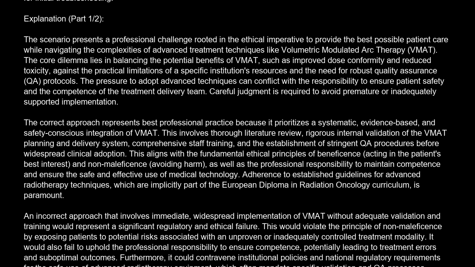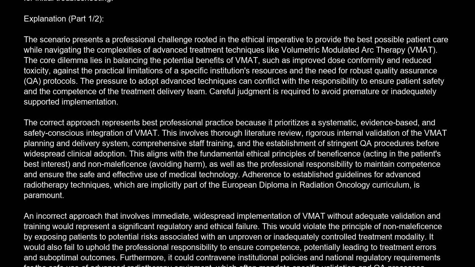The correct approach represents best professional practice because it prioritizes a systematic, evidence-based, and safety-conscious integration of VMAT. This involves thorough literature review, rigorous internal validation of the VMAT planning and delivery system, comprehensive staff training, and the establishment of stringent QA procedures before widespread clinical adoption.